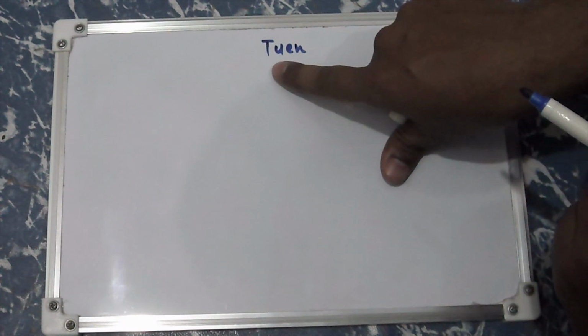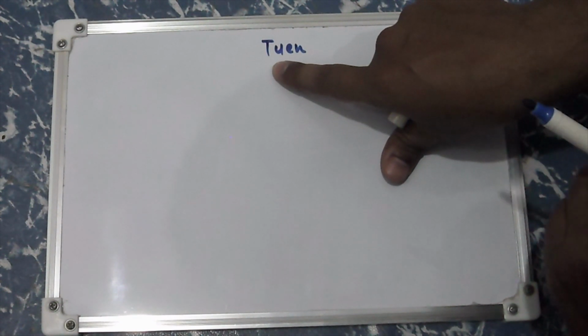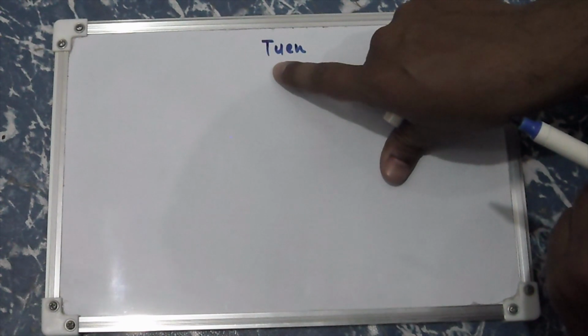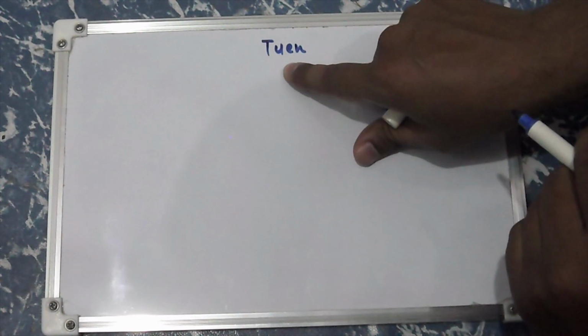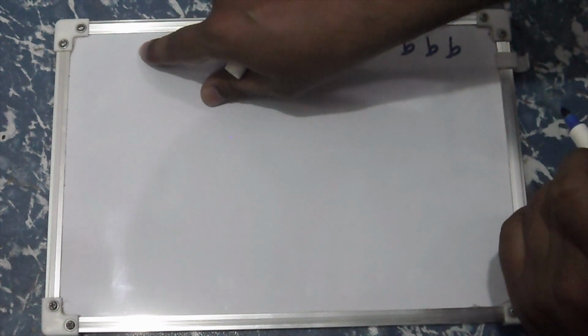You don't have to read it hard, you have to read it as Toe. It would be a little soft. As I told you, it does not have any sound in the English language, so it does not have any word in English.